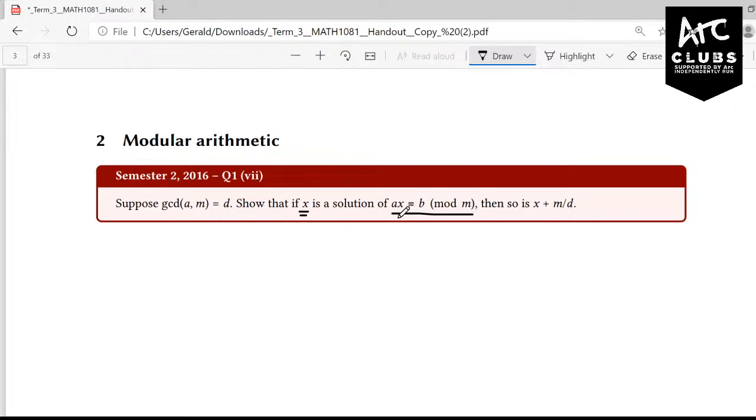So this is another way of saying that AX minus B is congruent to 0 mod M. And so what that means is that we can write AX minus B as a multiple of M. So this really just means that AX minus B is equal to M times N, where N is an integer.